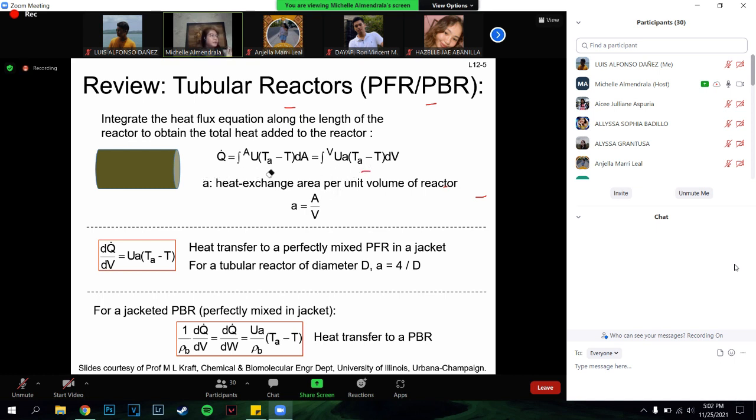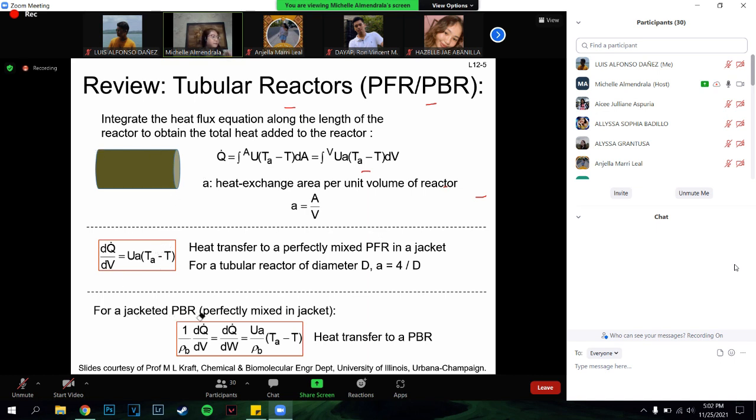But then, of course, the total area and volume of the reactor will be defined in terms of A. So the heat transfer to the perfectly mixed PFR in a jacketed PFR will be this, wherein T sub A is assumed to be constant, or it can be variable based on the inlet and outlet.